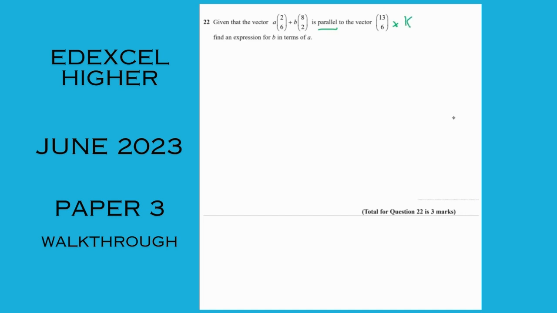So when we read across the top, the horizontals, 2a and 8b is 13k, and then 6a plus 2b is 6k.